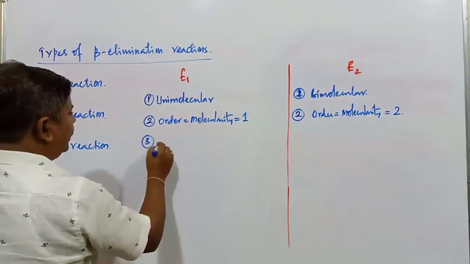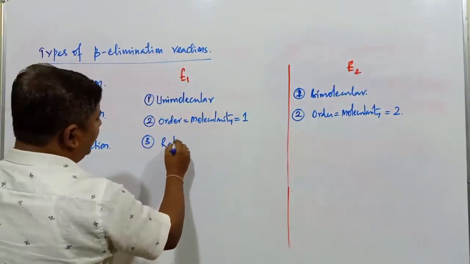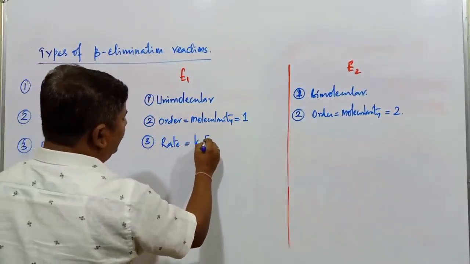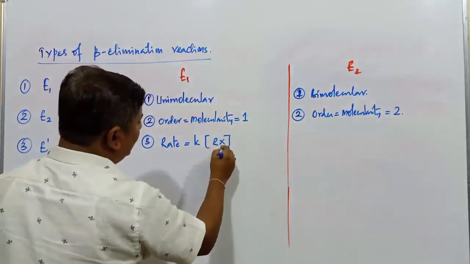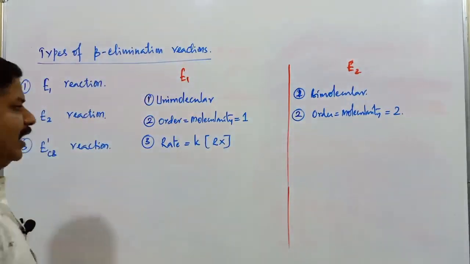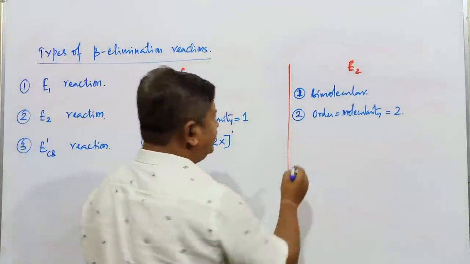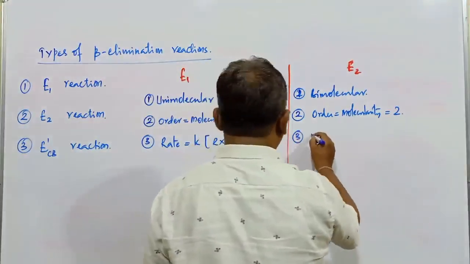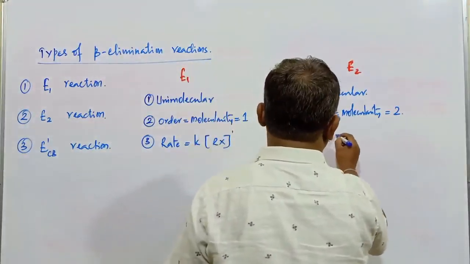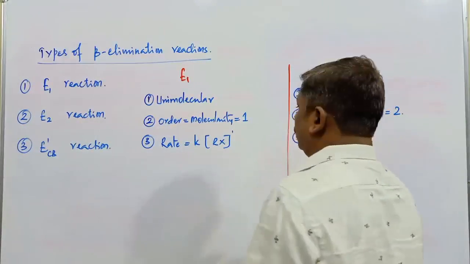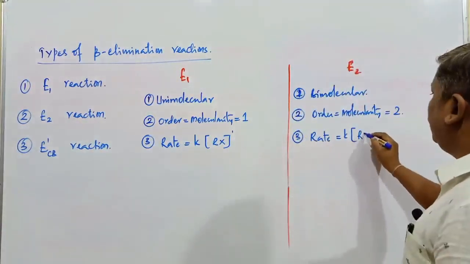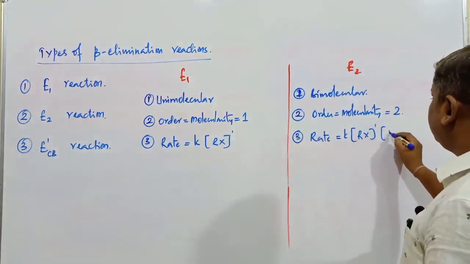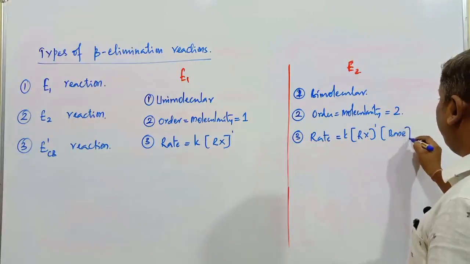Third one, rate of reaction is equal to K into only the concentration of alkyl halide. It depends upon the concentration of alkyl halide. Here, the rate of the reaction depends on the concentration of alkyl halide as well as the concentration of a base.